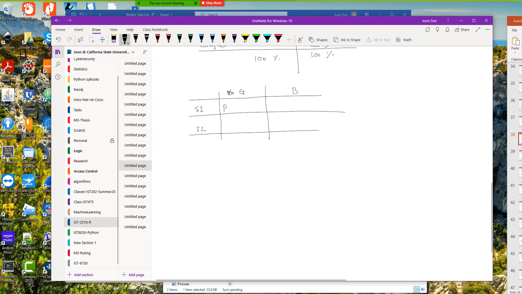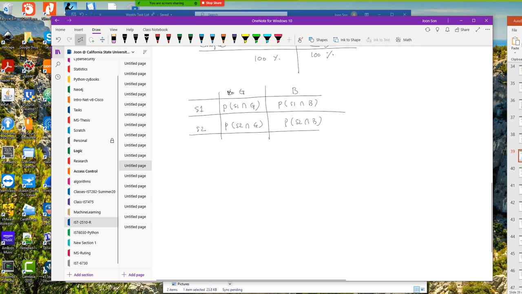Here the probability is S1 and G, then the probability of S1 and B as bad, then the probability of S2 and G. This is something you have to calculate. The probability of S2 and B. Okay, any questions?